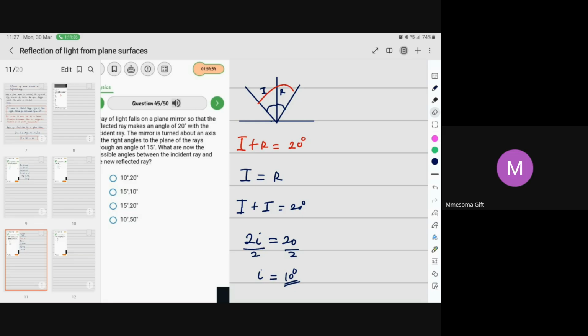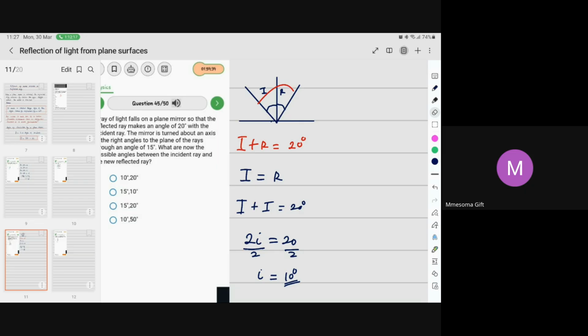So what we're going to do is add it to this new incident angle that we have. So it will be 15 plus 10, which gives us a sum of 25 as the new incident angle.